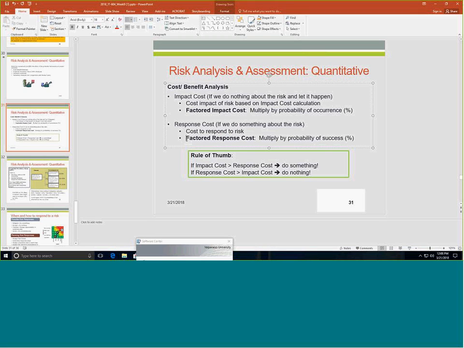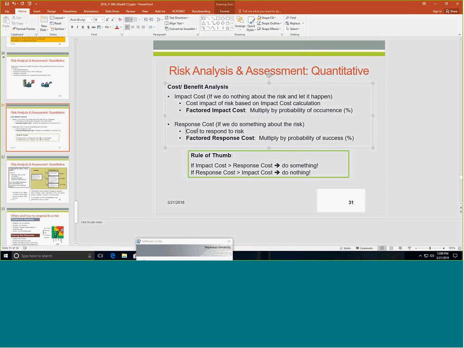But if our mitigation plan for the $1,000 risk would, let's say, cost $750, and the risk probability is still 50%, the factored response cost would be $350, because that is 50% of the $700 that we have calculated as the cost to respond to the risk, right? So I come up with the $750.